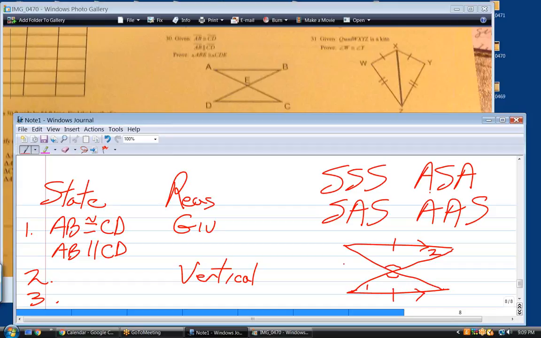That'd be B and D? Yes. B and D are equal, congruent. Is that enough to prove congruency? I have two angles and a side. Yes. Is it angle, side, angle, or is it angle, angle, side? It's one of those two because I have two angles and a side.